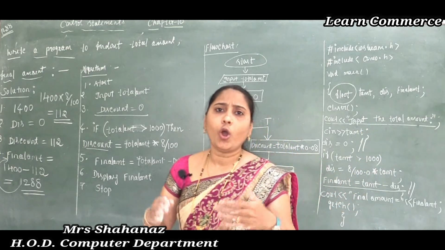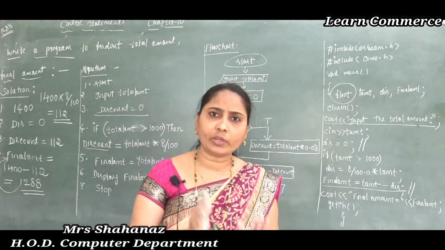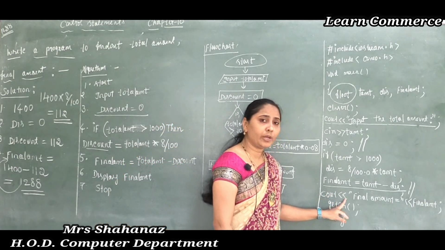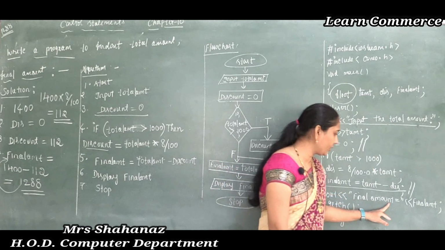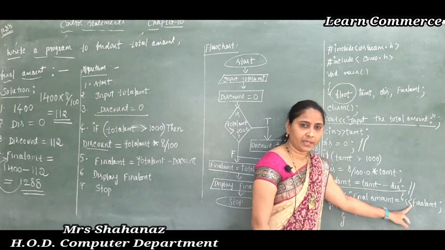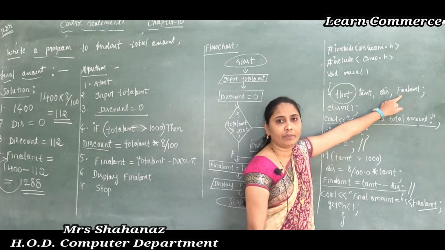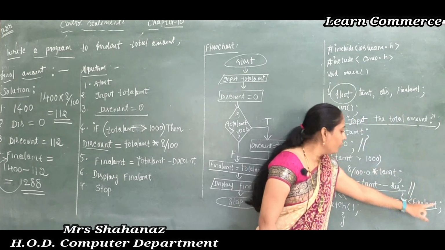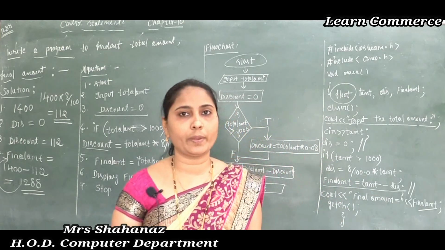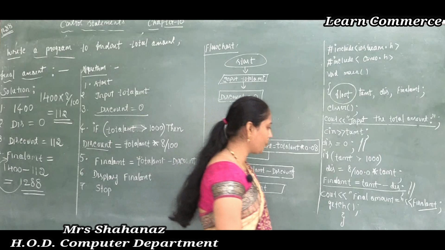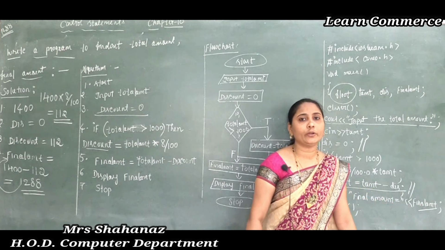If you don't want to show all that information one by one, if you want to show just only the final amount of the bill here, then you can write the message as the cout stream insertion operator, final amount message displays, is equal to in double quotation, then again use the operator here, then final amount. Because this displays the value, just as I have written the variable name when declaring, in the same way when we display the value we need to write it the same. So clear this point here. Final amount is equal to, it is going to display the answer: final amount is equal to 1288 here.